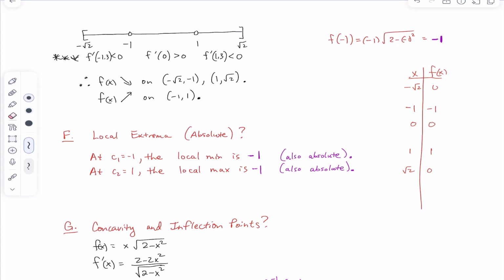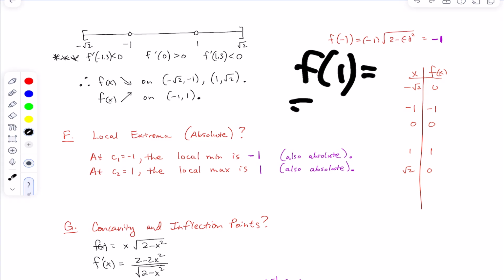Now the local max, from symmetry, we could actually see that the local max is actually at +1. Once again, take this function value here, take that input value of 1 and put it into the function f of x.